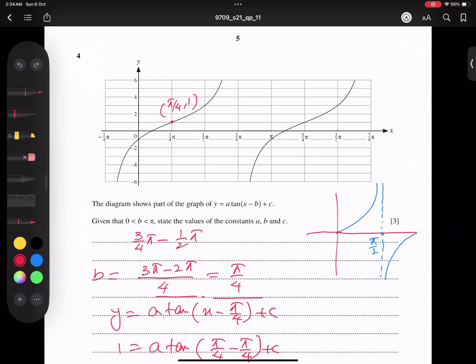Normally we have this pattern here, but this graph is shifted here. So let's see how we can find it. We have a coordinate also given here: x is 0, y is minus 1.